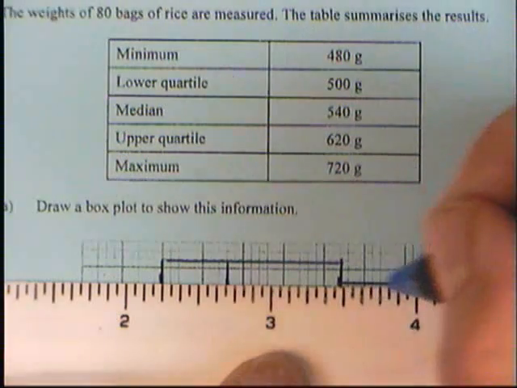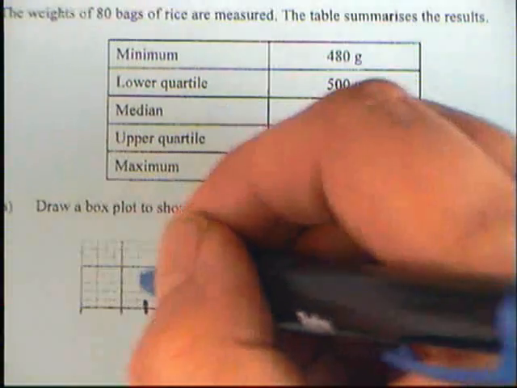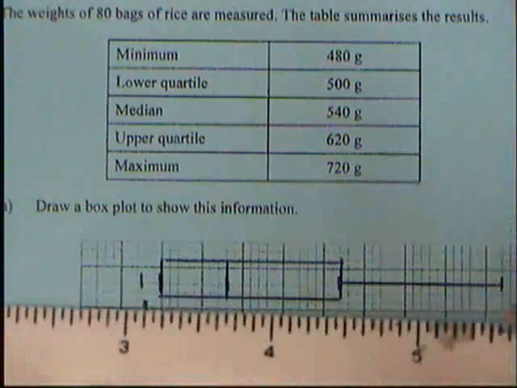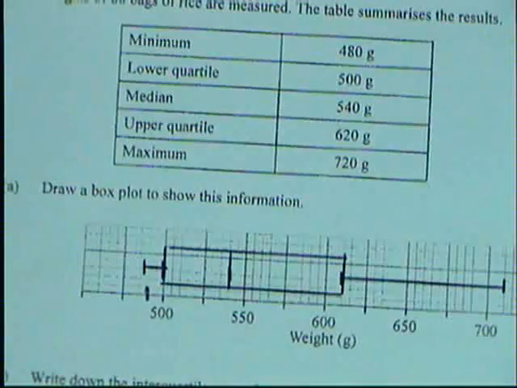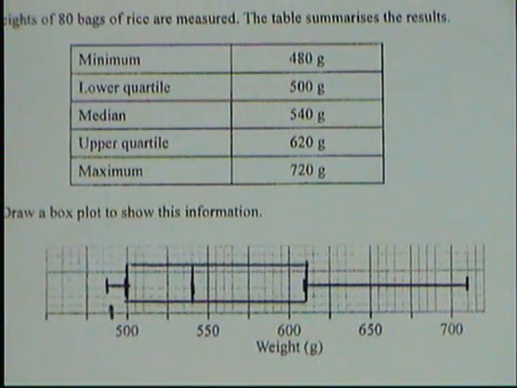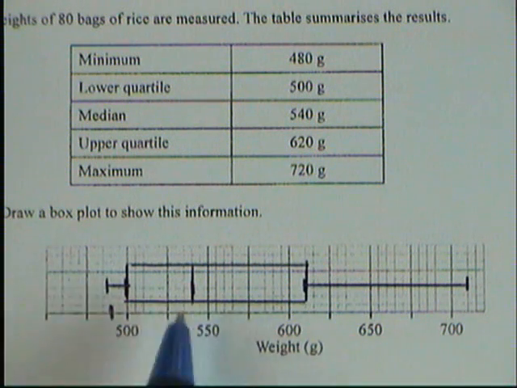These are whiskers, which is why it's sometimes called a box and whisker plot, and again out to the minimum value. So that's a nice box and whisker plot, and as you can see, it's positively skewed, which means there are more low values than high values.